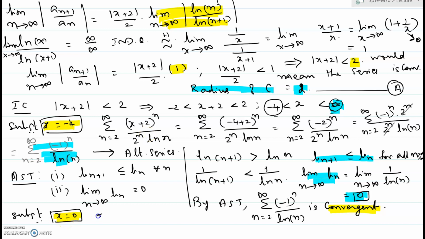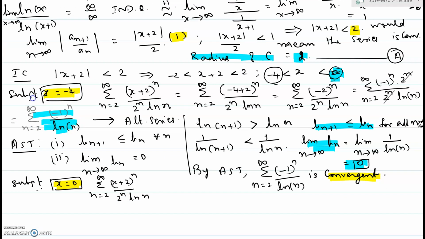The series, sigma n varying from 2 through infinity of (x plus 2) to the power n over 2 to the power n ln n, becomes sigma n varying from 2 through infinity of (0 plus 2) to the power n, so 2 to the power n over 2 to the power n ln n. Here it is simply sigma 1 over ln n.